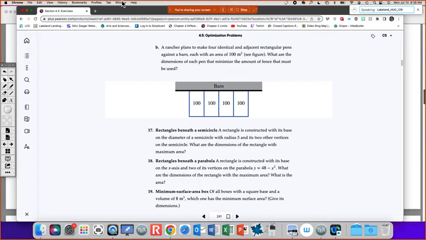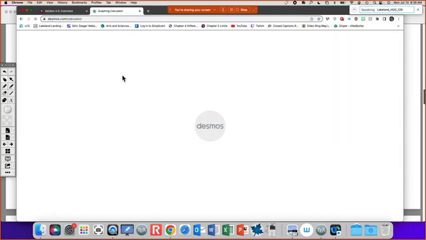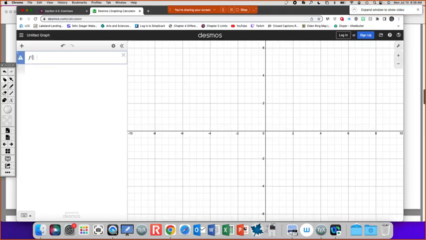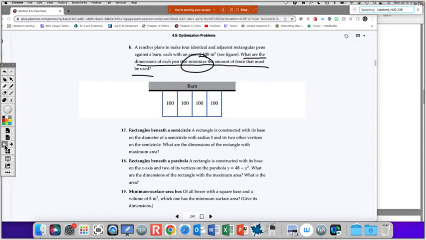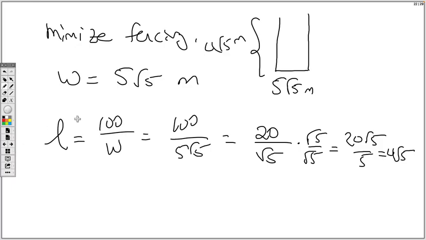Just to remind you how, so let's write our f. Once again, we'll turn everything into x's. We only care about x's that were positive here. And what was our function? Our fencing function was 500 over x plus 4x.